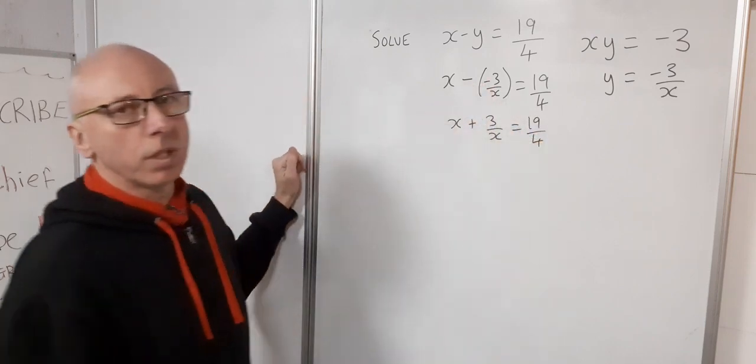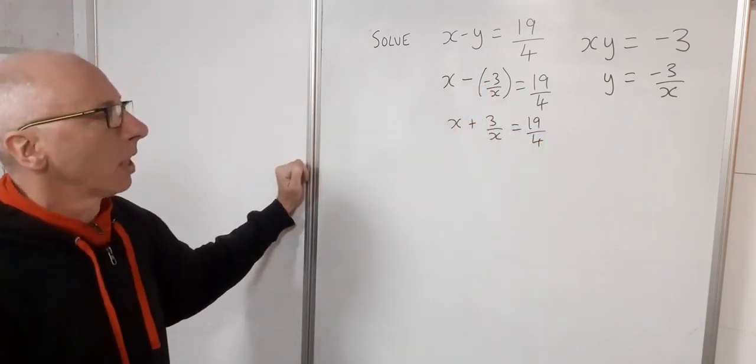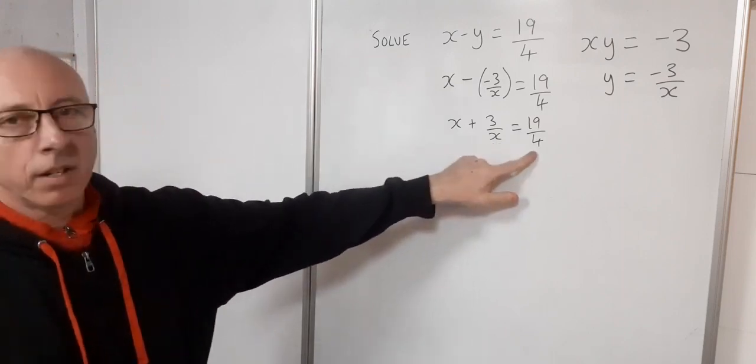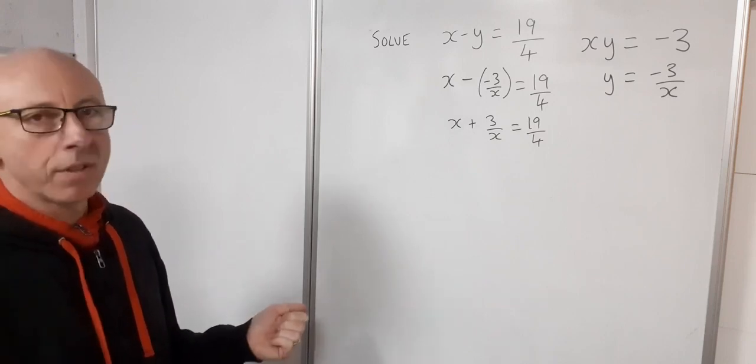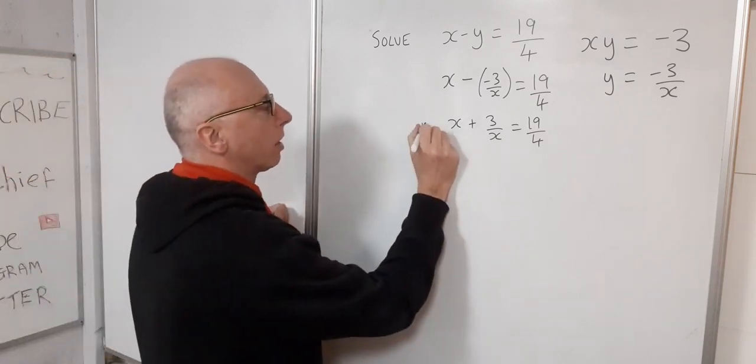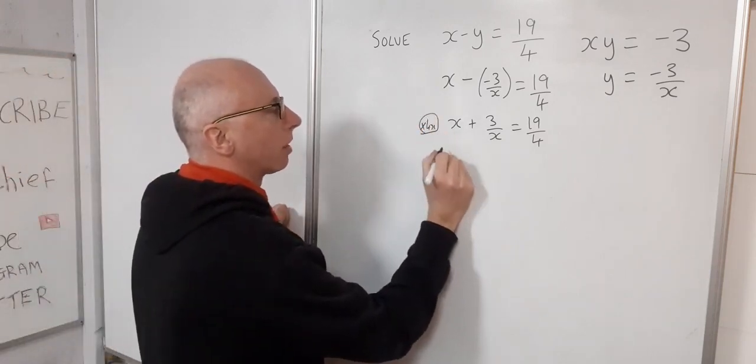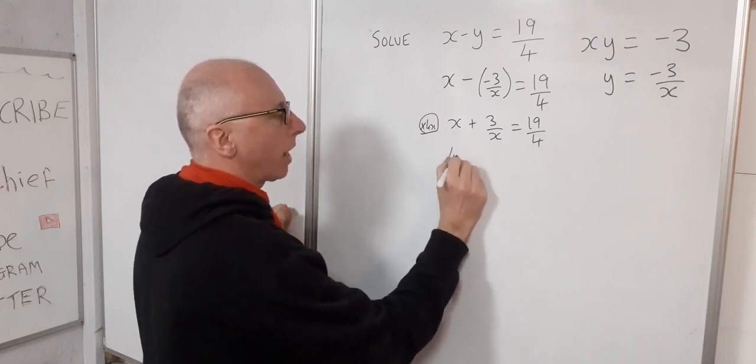So sorting the brackets and the two minus signs out. So now I've got an x and a 4 in my denominators. So let's multiply through everything by 4x. So 4x times x is 4x squared.